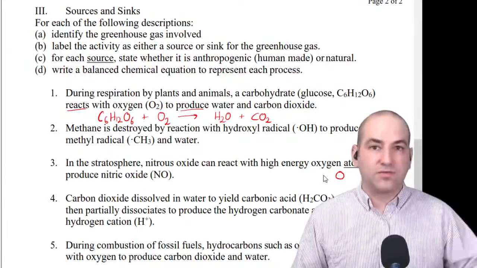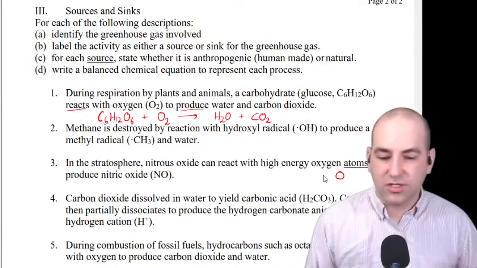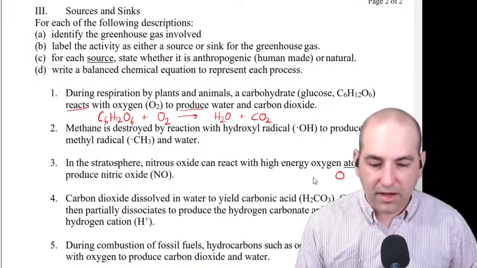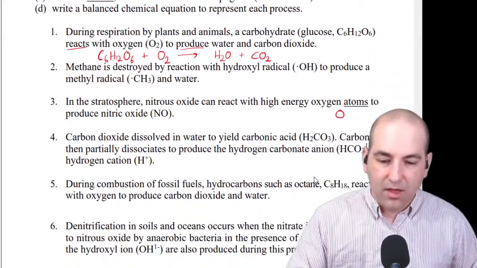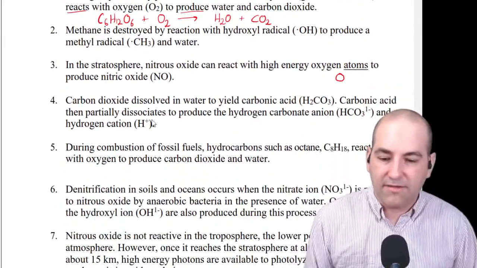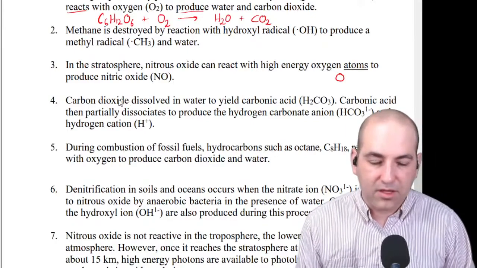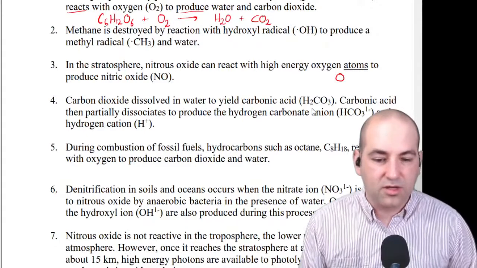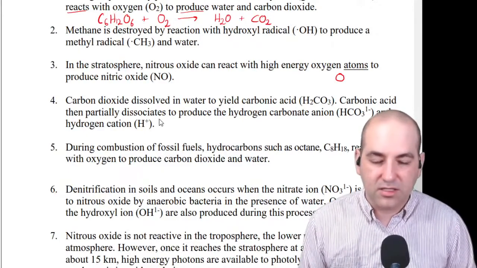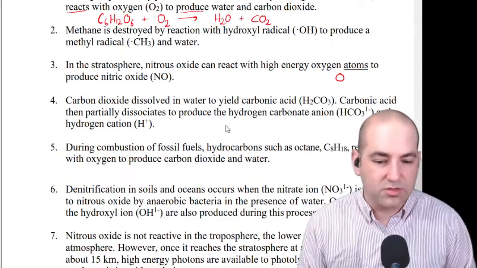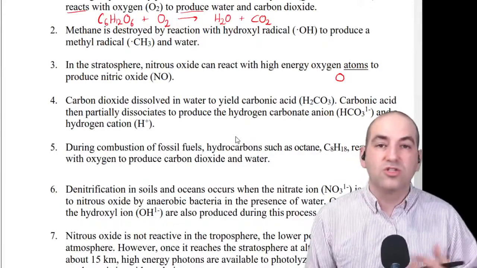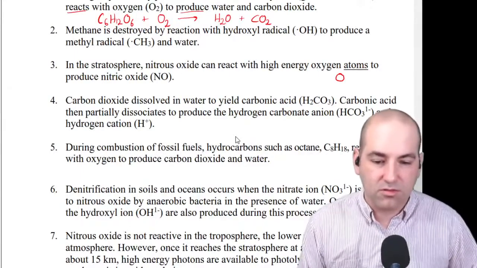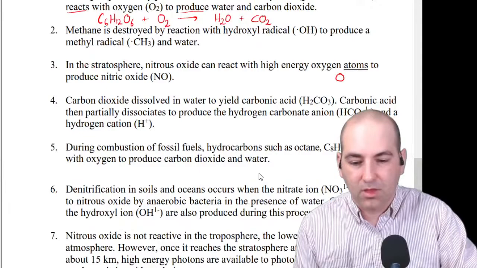But in the stratosphere, we're talking about high energy situations. So that's why we have just oxygen atoms. Some other tricky ones in here that you might find. Number 4 is sort of a two-step one. Carbon dioxide dissolves in water to yield carbonic acid, and then carbonic acid dissociates, breaks apart to produce these other things. So that's actually going to take 2 different equations to do that process.